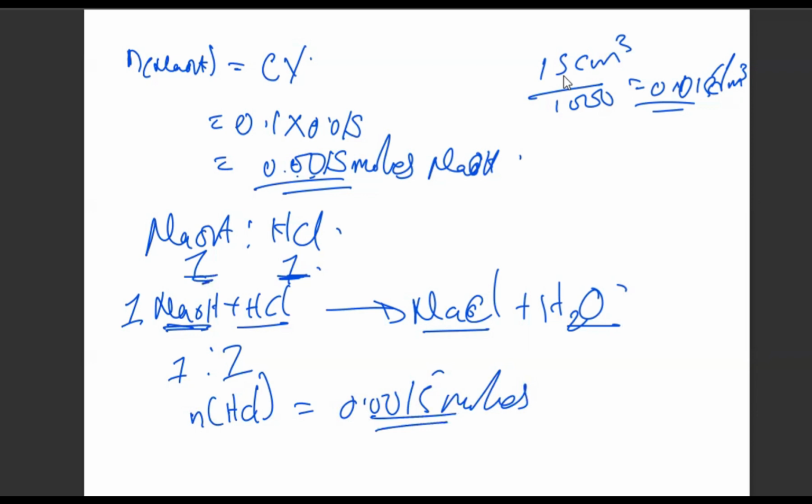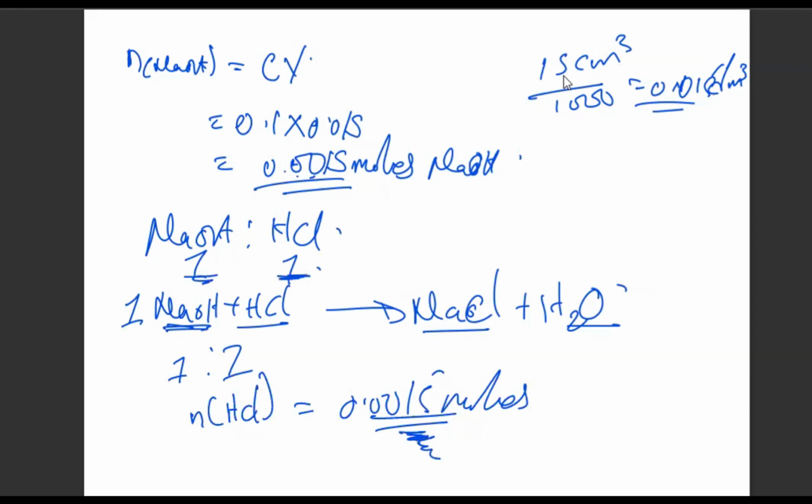So once I get that, then I have to calculate the initial moles. I need to know the initial moles of hydrochloric acid, which I calculated already, then minus the hydrochloric acid that reacted.